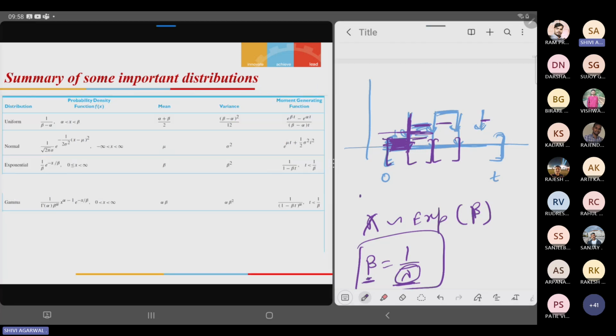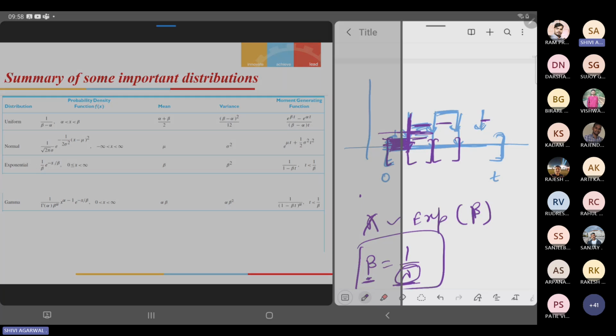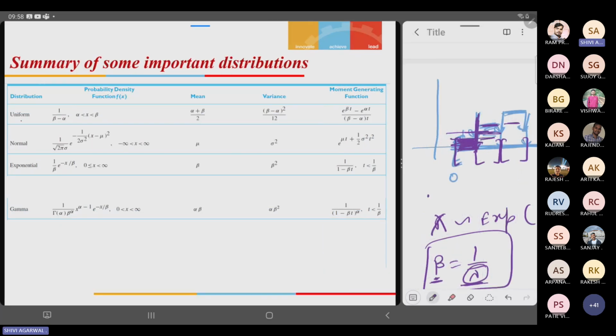Similarly, in the continuous case, you can see uniform, normal, exponential and gamma. Today we have done the uniform distribution, then the gamma distribution, then the exponential distribution, and in the last class we did the normal distribution. These are the density function, the mean, the variance, and the moment generating function.